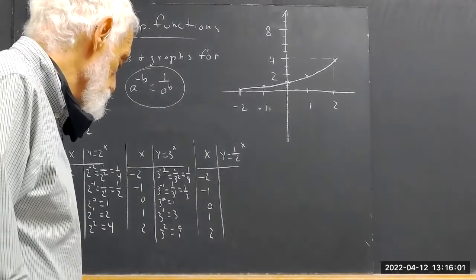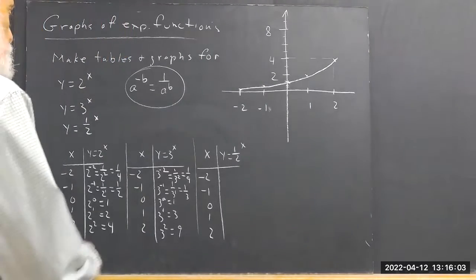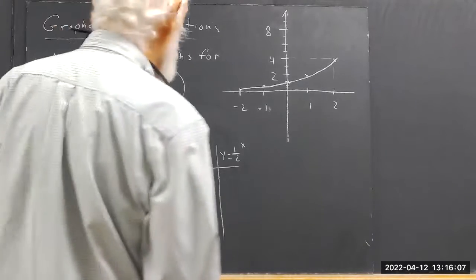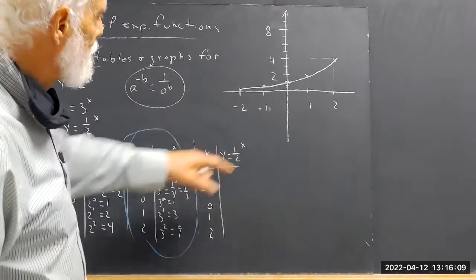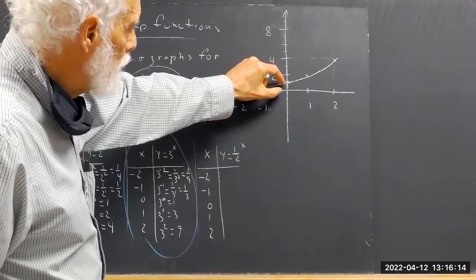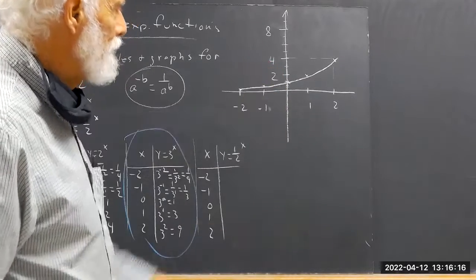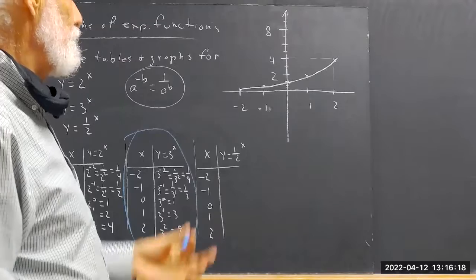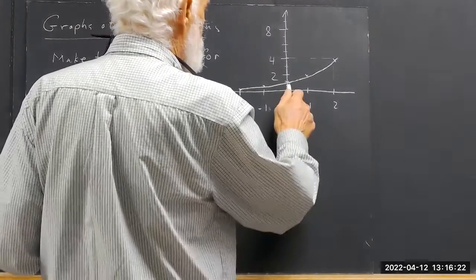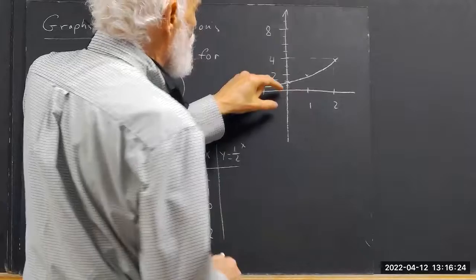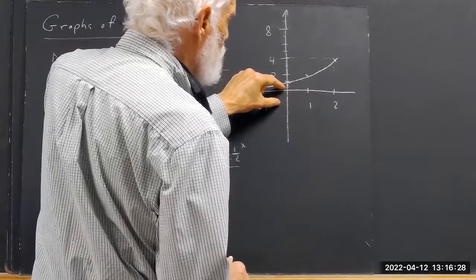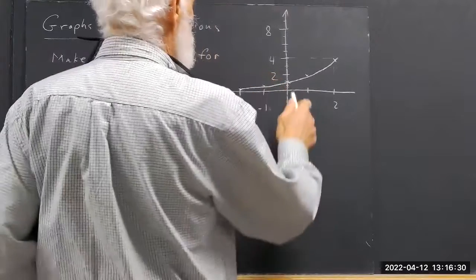Now let's go ahead and use a little color. Now 1/9 is like 1/9 of this. So we cut the interval from 0 to 1 into thirds and then cut those intervals into thirds and we get 1/9, but it's going to be down here, more than twice as close to the x-axis as 1/4.